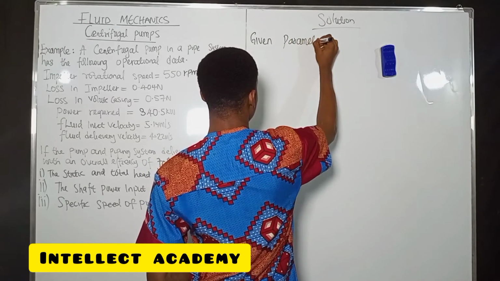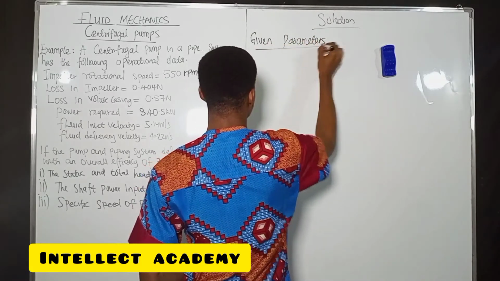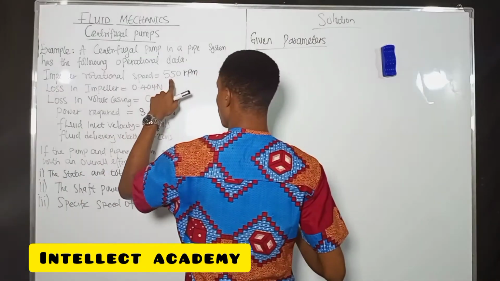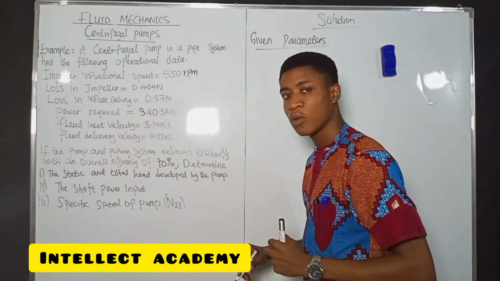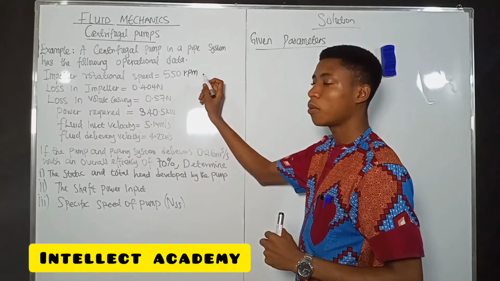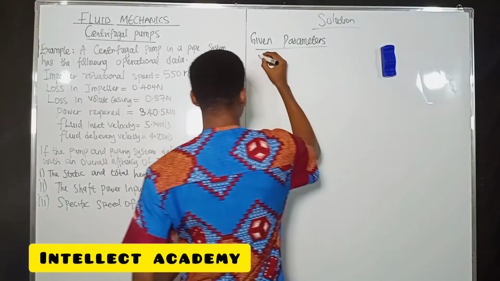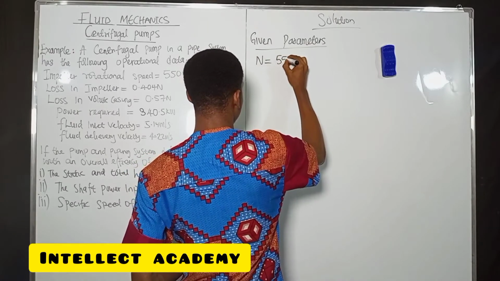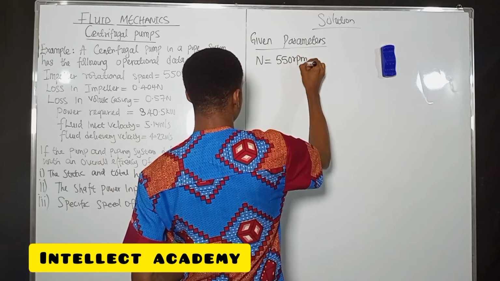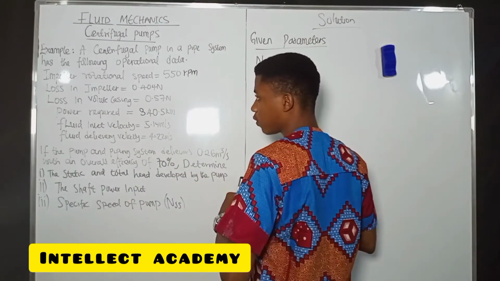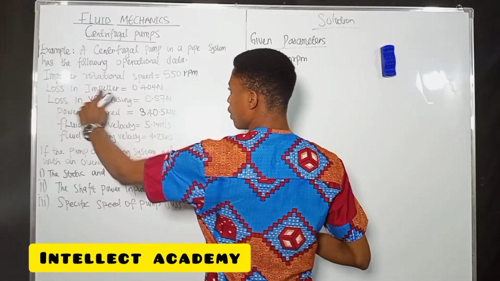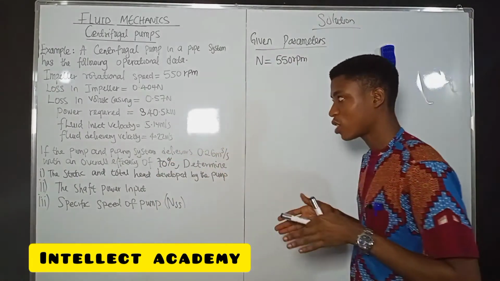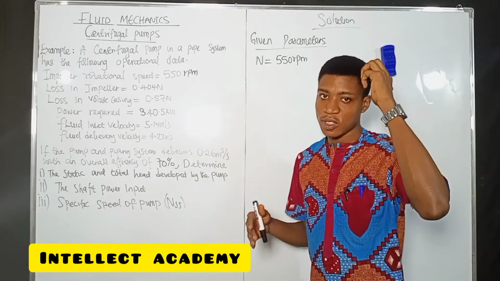So what are we given in this question? First of all, we have an impeller rotating speed, which is given as 550 RPM, which is revolutions per minute. Then we have our loss in the impeller, which is given in Newton.